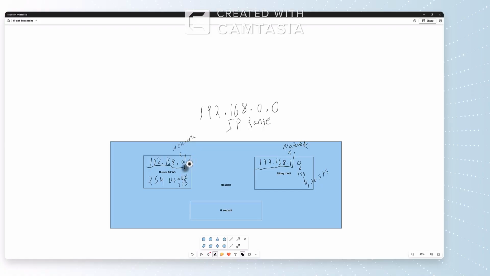And we have our hosts. Okay? So we're changing the network, which makes it all go together. Now all of this is the network. And all of this is the network. And these are two separate networks. They can't talk to each other.